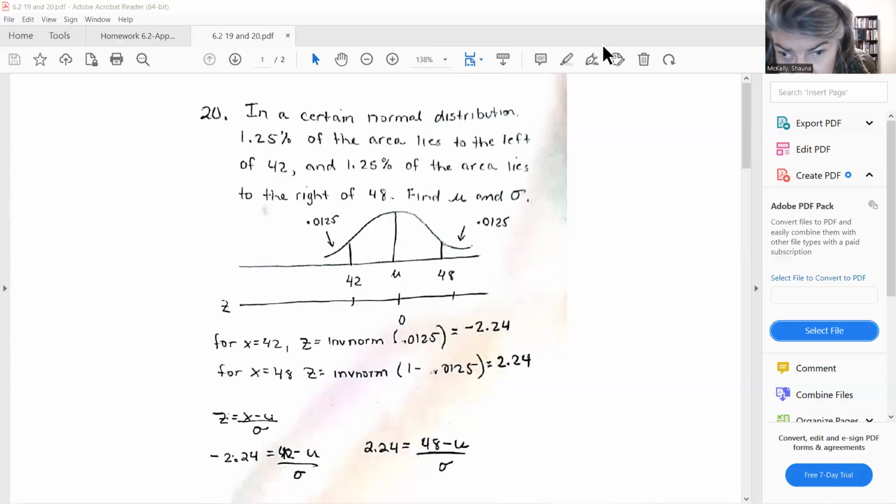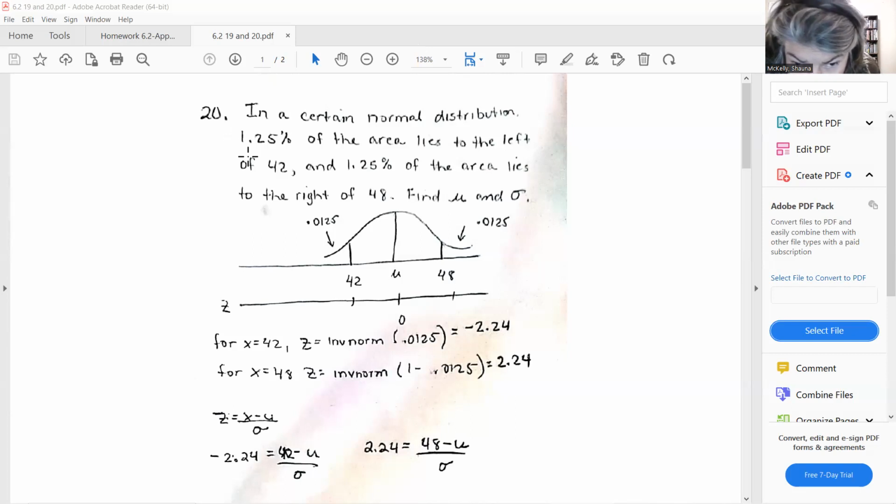Okay, so as we can see, here I've reproduced the problem for you. In a certain normal distribution, 1.25% of the area lies to the left of 42, and 1.25% of the area lies to the right of 48. Find mu and sigma.